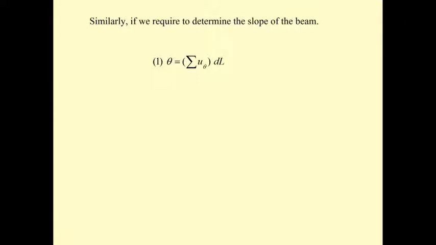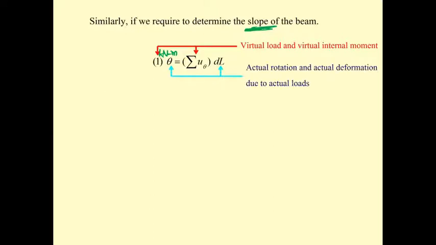Similarly, if we are required to determine the slope, as I mentioned before, that means it's going to relate to an assumed moment. Then you may have this equation of virtual work and virtual internal moment, and it's going to be the actual rotation and actual deformation due to the actual applied loading.